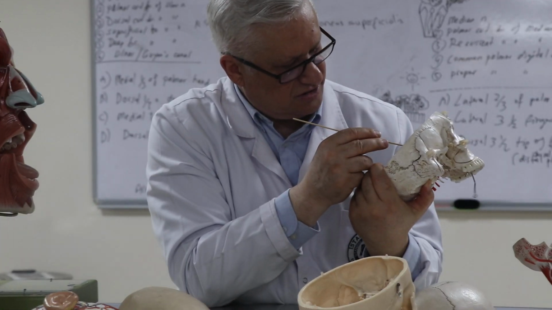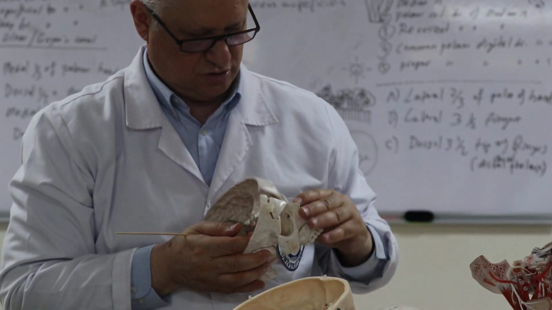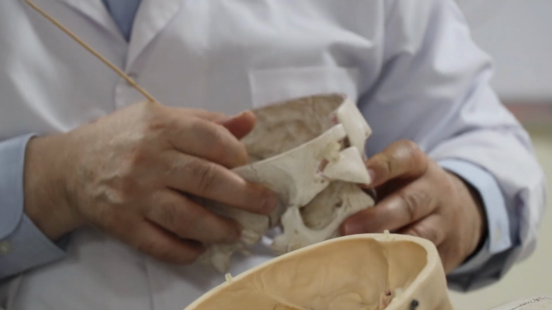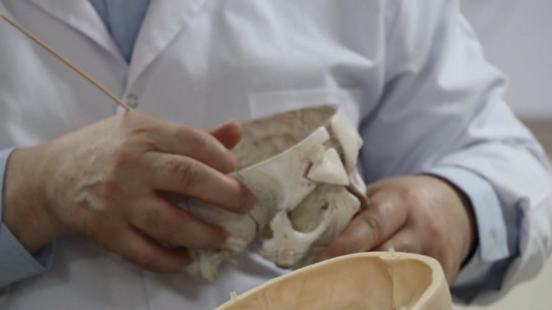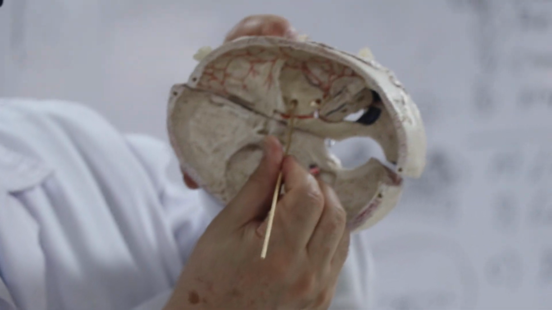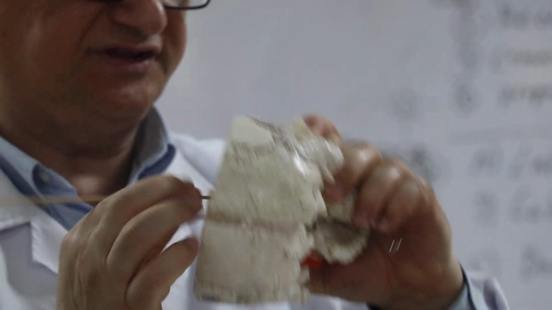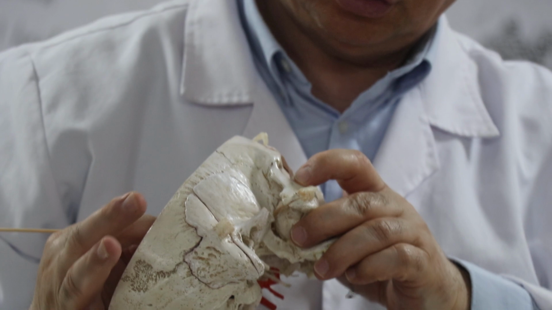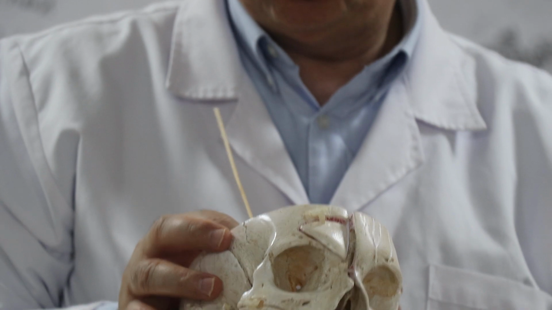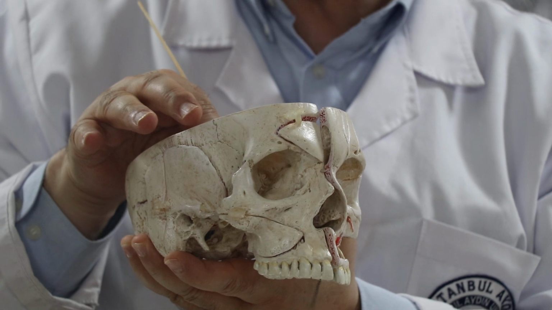And this is foramen rotundum here. If you push that down, you would see its continuation inside the pterygopalatine fossa.